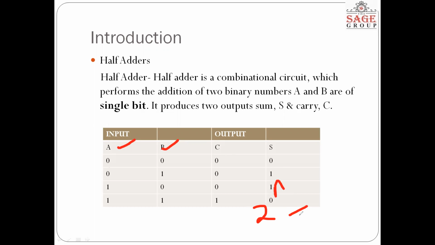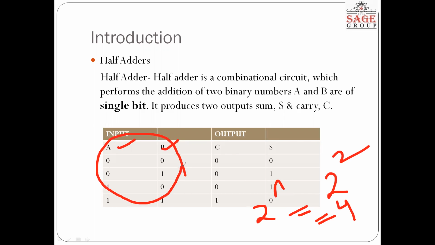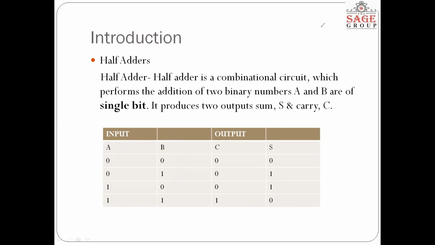So 2 power 2 is equal to 4, that means in this truth table 4 combinations are there, right? You take two variables, A and B, and the outputs are C and S, right? C means carry and S means sum.